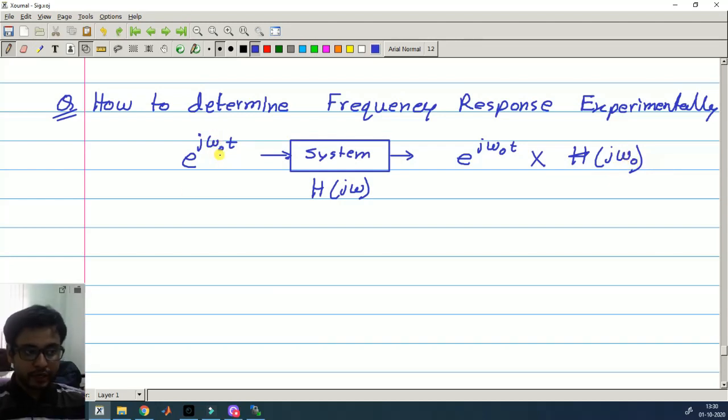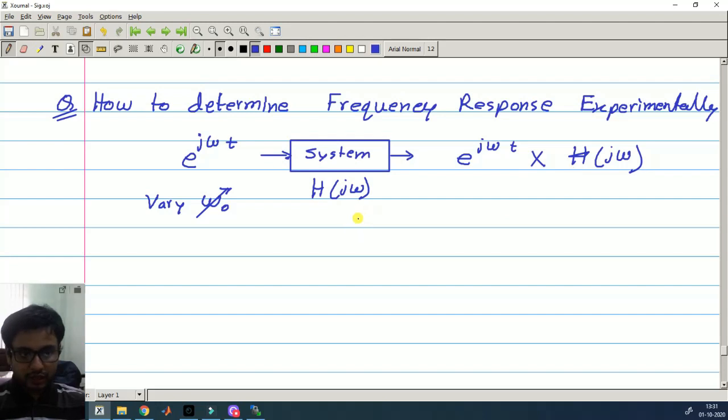Then you may vary this frequency omega naught. Suppose you have a control knob with which you can vary this frequency, increase or decrease it. Then you give different frequencies, call that omega in general, and you will get different outputs.